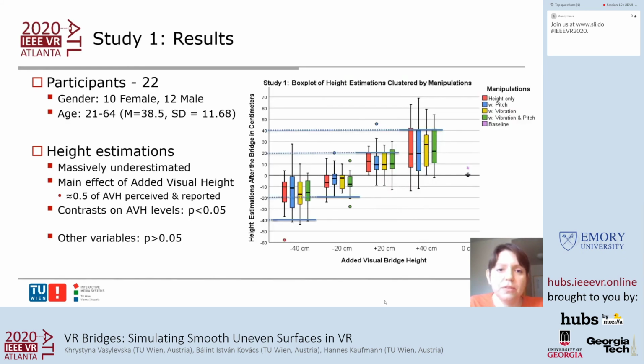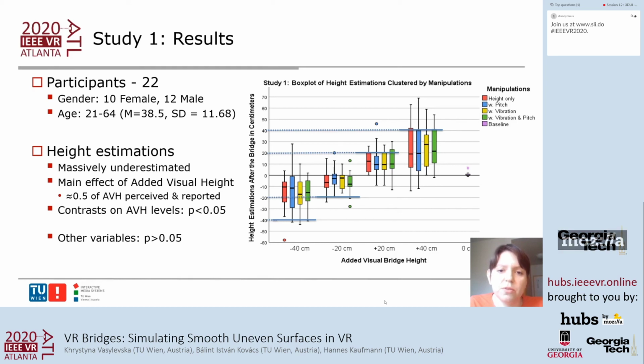22 participants, 10 female and 12 male, aged from 21 to 64 years old, took part in the study. As you can see on the graph, there was a massive underestimation of the visually suggested heights. Although the added visual height had a significant main effect and participants were able to discriminate between the different height levels, only about a part of the added visual height made it to the estimations.